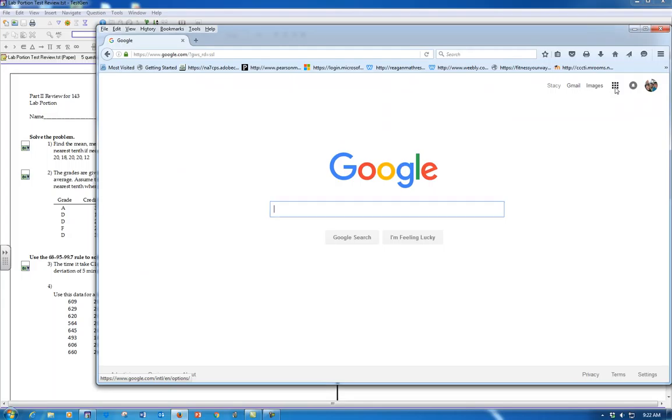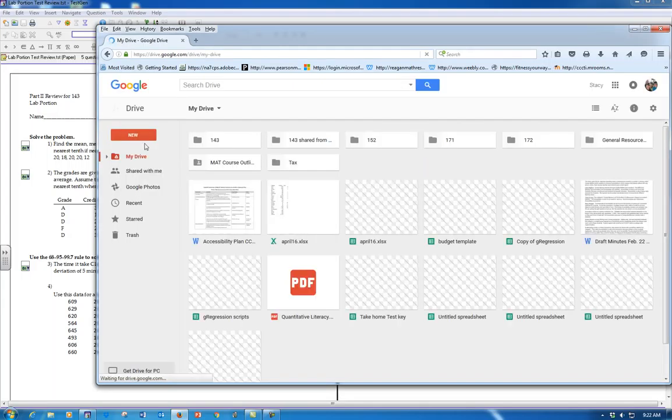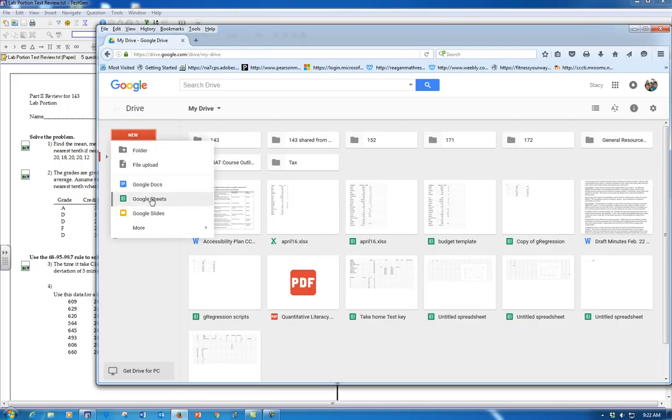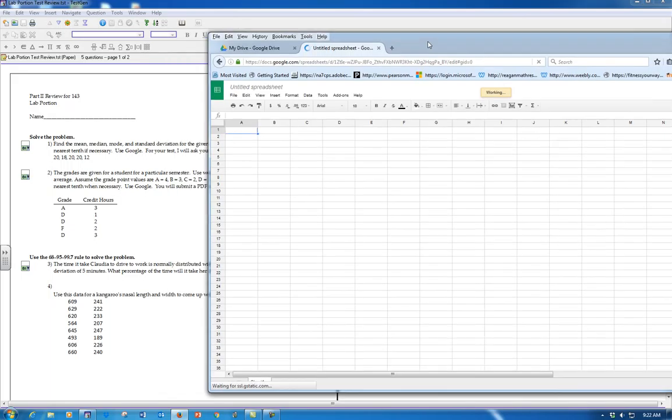And you're going to go into your drive, and you're going to open a new sheet, a new Google sheet. And so for this one, the work that you have is you're going to need to put your data in Google.